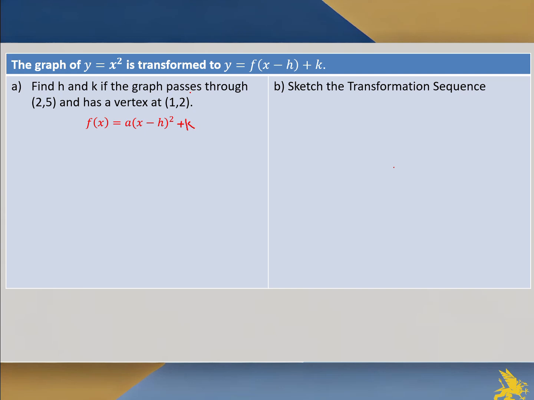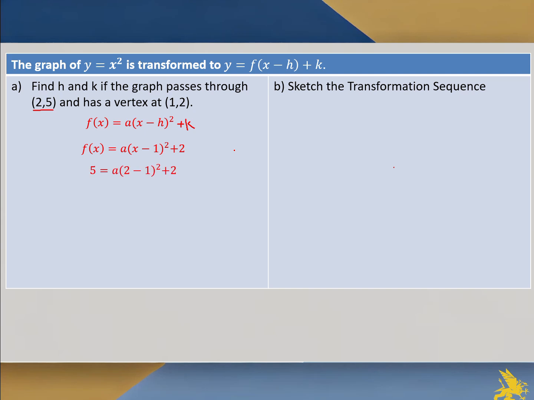So we know based on what we have, our vertex is (1, 2), so h is going to be 1 and our k will be 2. From there, I am now going to substitute my 1 point in, (2, 5), and that is to get only the variable a by itself so I can solve.